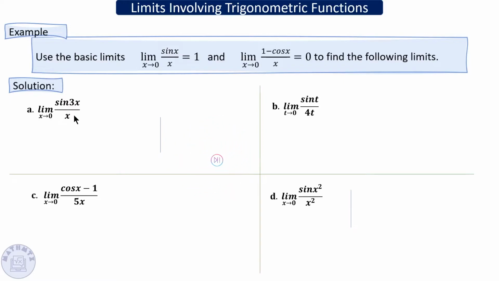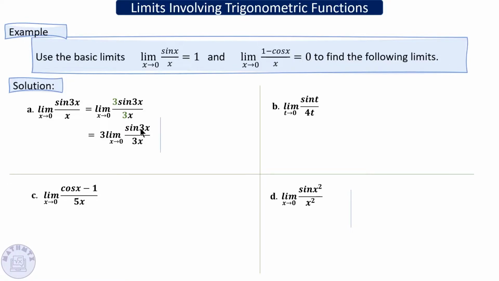All right, with the first one, in order to use the limit of sine of x over x equals 1, we have to multiply the top and the bottom by 3 over 3. In this case, we will get 3 times the limit as x approaches 0 of sine of 3x over 3x.